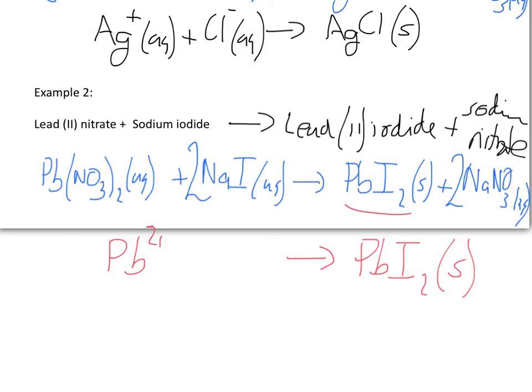So lead 2 plus, and those are dissolved in water. And we take iodide. Now we know that iodide is in group 7, so it only has a 1 minus charge, and that was dissolved in water. And those two combine to make lead iodide. Is it balanced? Not yet. Let's put a 2 there.